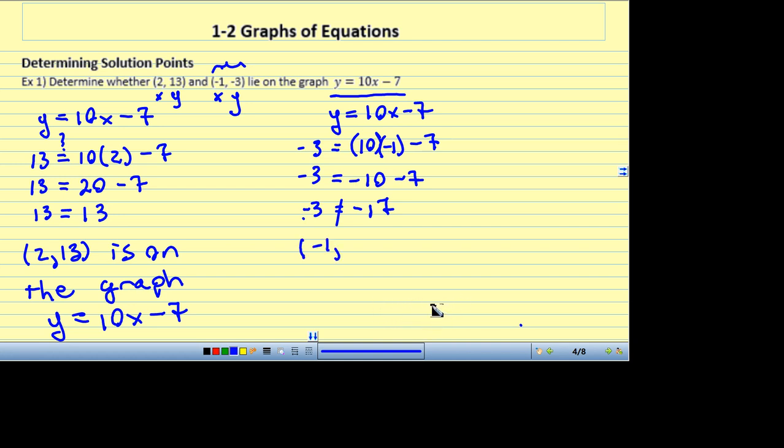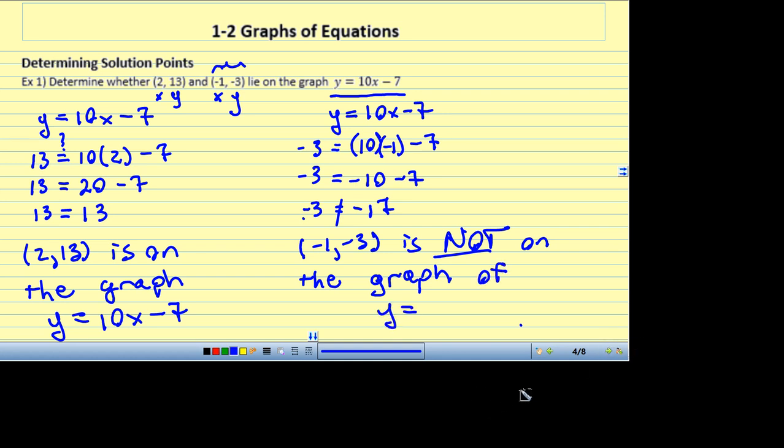It means the point (-1, -3) is not on the graph of the equation y equals 10x minus 7.